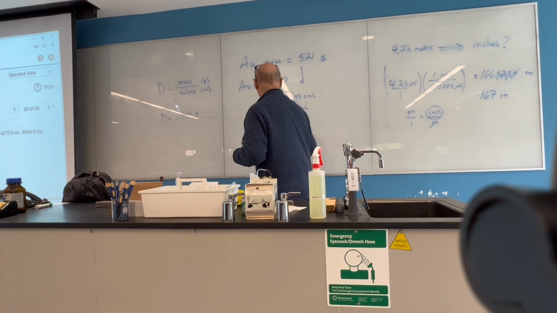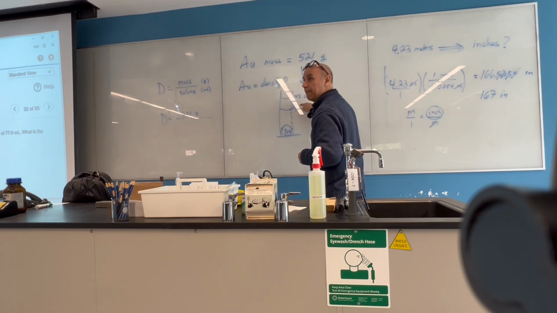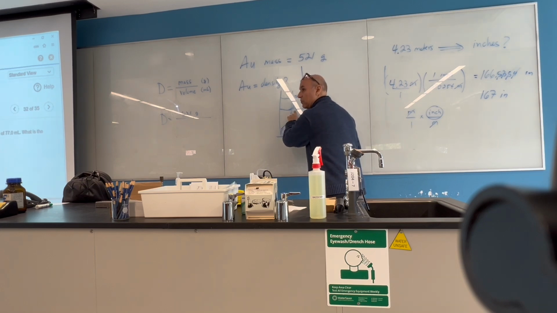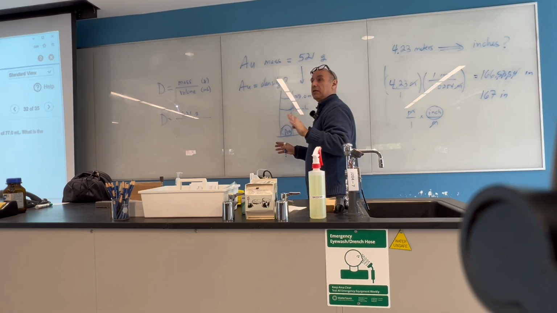We just know that it displaced an amount of water when placed in a beaker. I want you to imagine that. Before the gold, this was 50 mLs of water. After the gold, it went up to 77. So the volume of water is still 50. The difference between those two numbers must be the volume of gold. That's how much volume gold has.